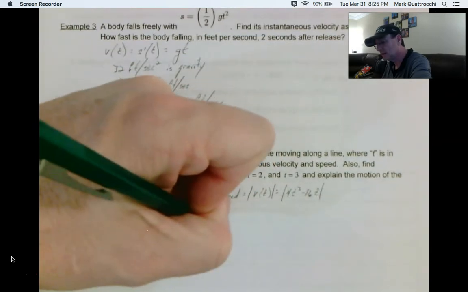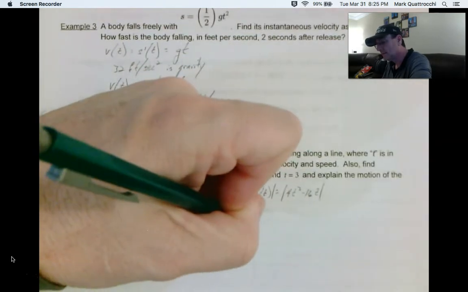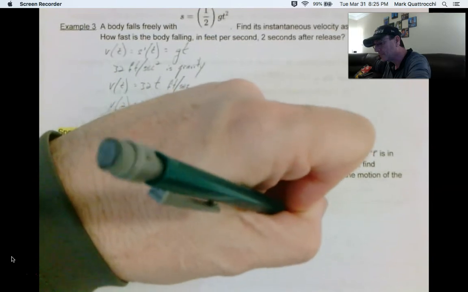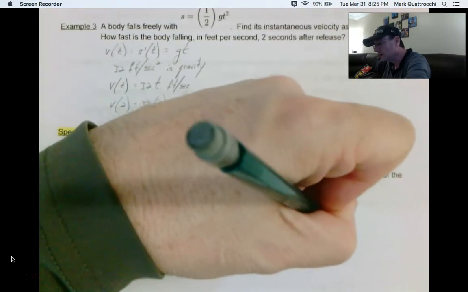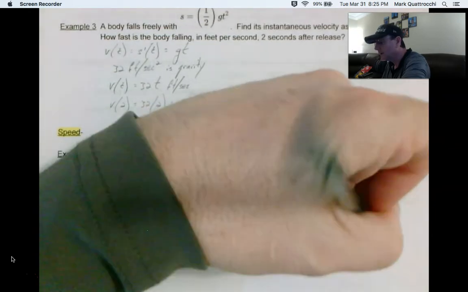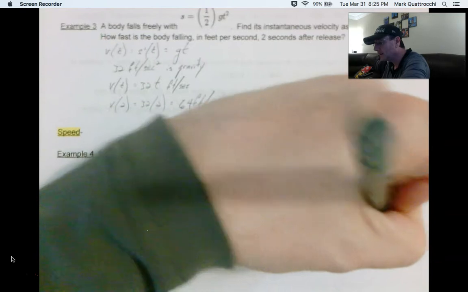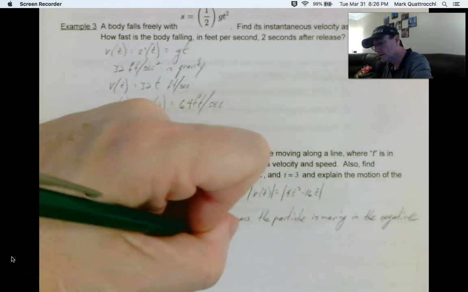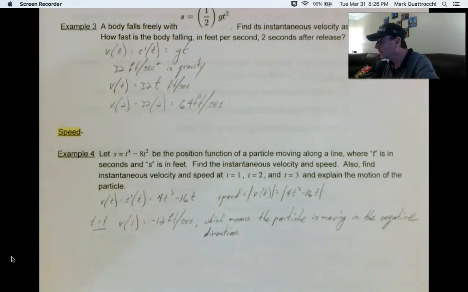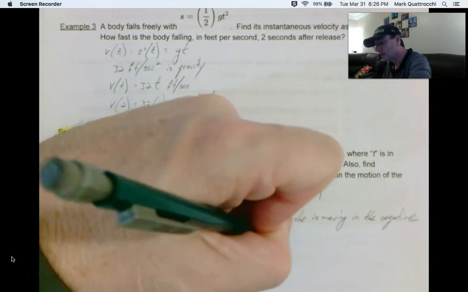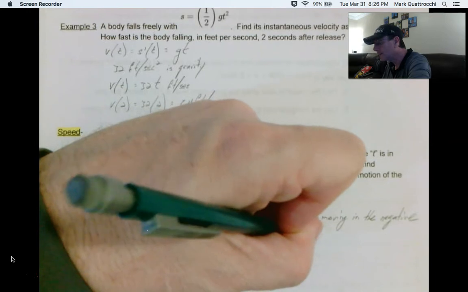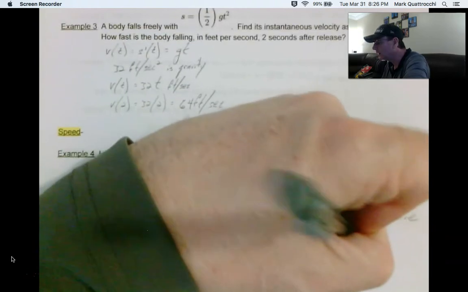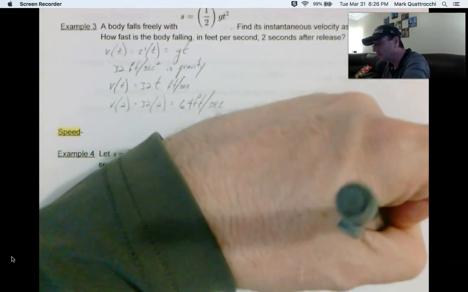So the particle is moving in a negative direction with a speed of absolute value of v of 1, or the positive 12 feet per second.